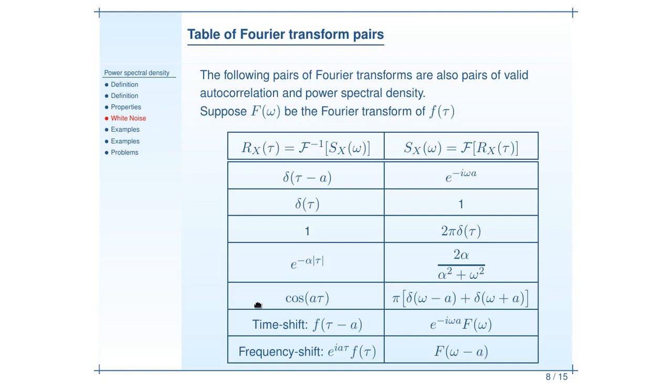Now, these are some standard Fourier transform pairs which are also valid pairs of autocorrelation function and power spectral density. Some of these results include the delta function, and also some results which can only be expressed in terms of delta functions.